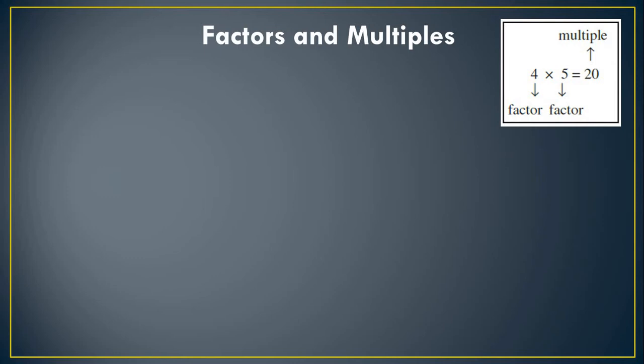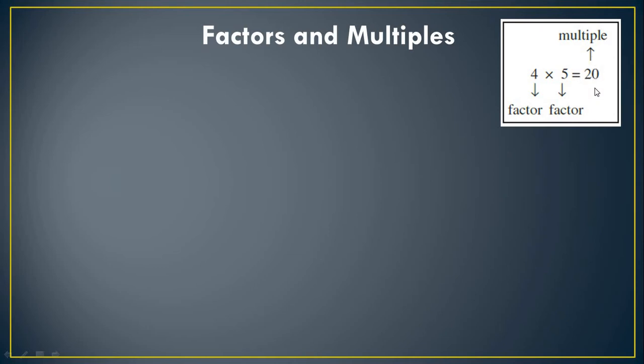In factors and multiples, if you take one example like 20, 20 can be written as 4 into 5. So these 4 and 5 are the factors, and in the table of 4 and in the table of 5, 20 comes.